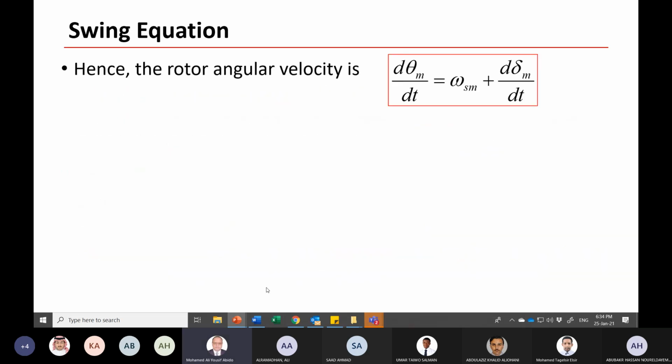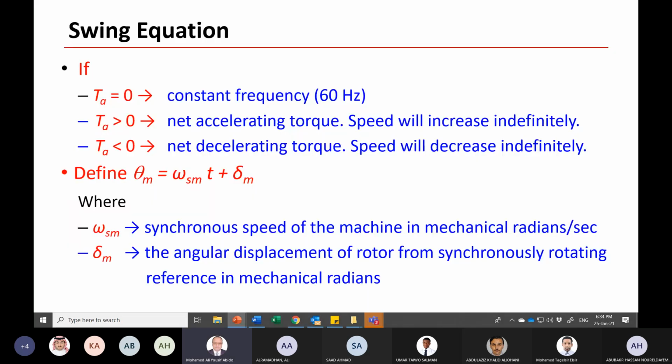So I hope you can have some kind of illustration here. If this is the phasor, rotating, this is the angle theta M. This is the stationary frame of reference, a fixed angle.